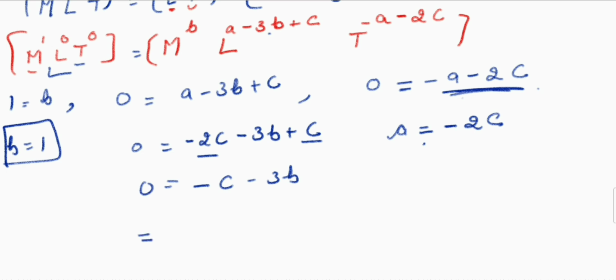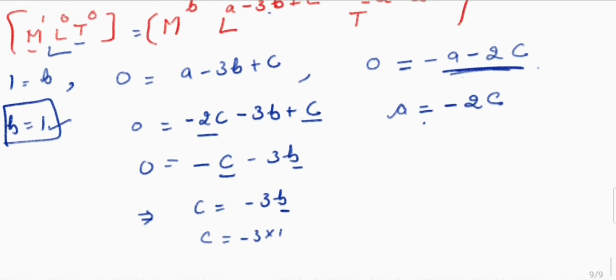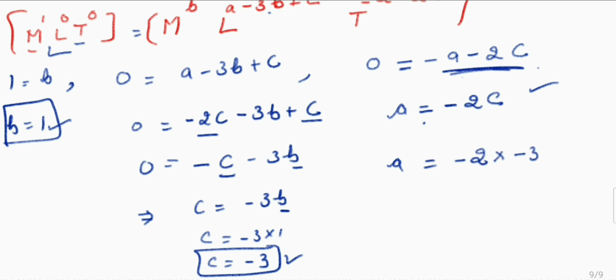So I get a relationship between c and b, which is c is equal to minus 3b. Since b is equal to 1, c is equal to minus 3 into 1, so c is equal to negative 3. Putting this value in, a is equal to negative 2 multiplied by negative 3, which is equal to 6. So a is equal to 6.